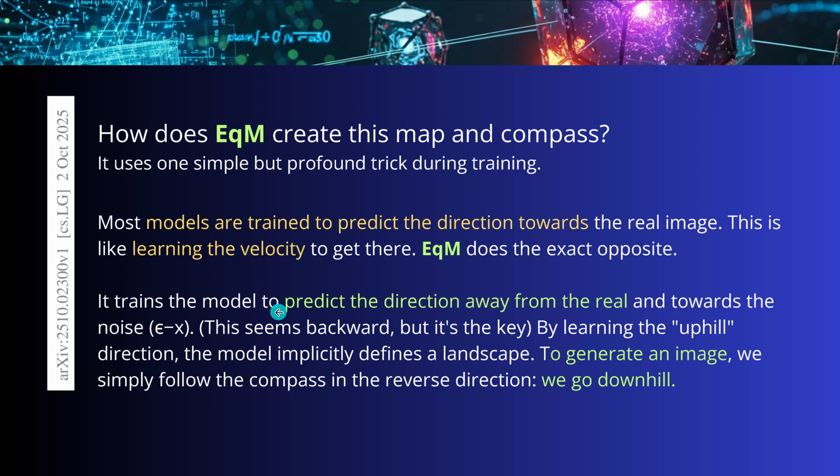And it seems backward, I know, but believe me, this is the key. If we look at the energy surfaces in 3D, you will understand it immediately. So by learning now the uphill direction, the model implicitly defines here a landscape, maybe an energy landscape. So to generate an image, now we simply follow the compass in the reverse direction. We go downhill.